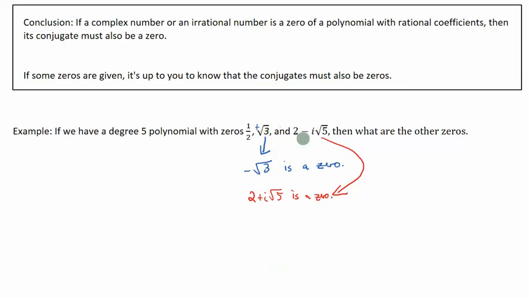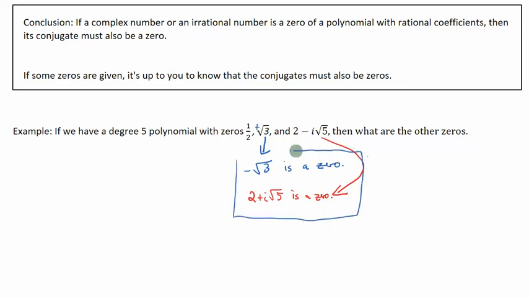So those are a couple cases. Here's an irrational. Now notice this doesn't have a number in front of the square root of 3, it's just square root of 3. That's still irrational, so its conjugate would be negative square root of 3. And the same is true if you just had an imaginary number without this part, then you would still have a plus or a minus in front of the imaginary part here to get two different zeros. Okay, but I just want to give you a quick example of what this could help you with.